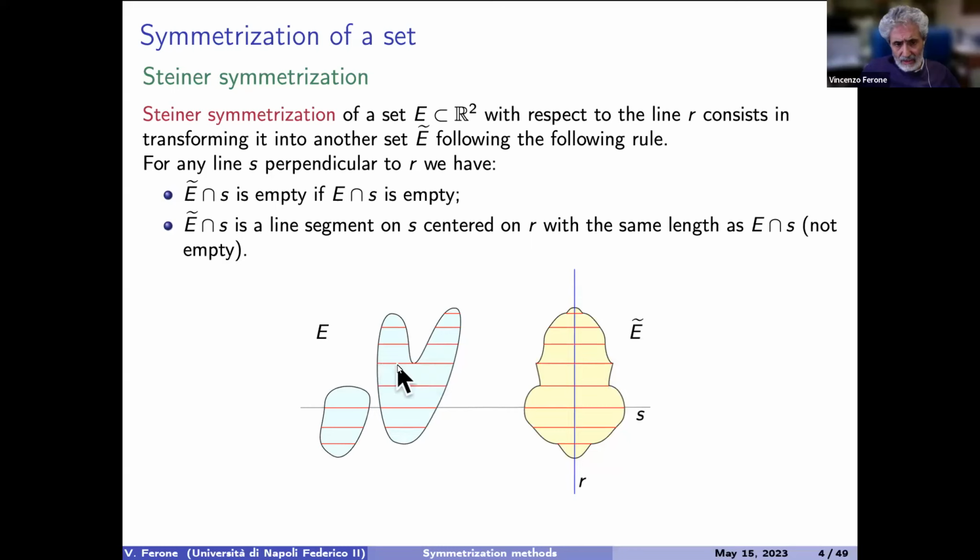Any intersection here is transformed in a ball, which in R2 will be a segment centered on the line R.